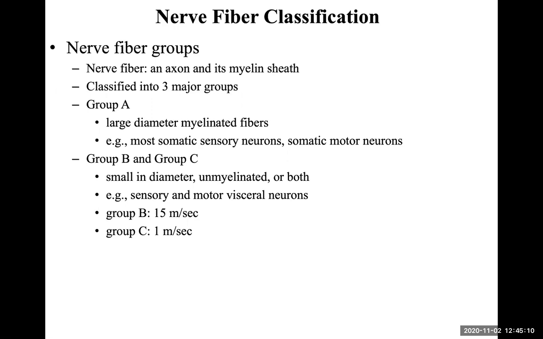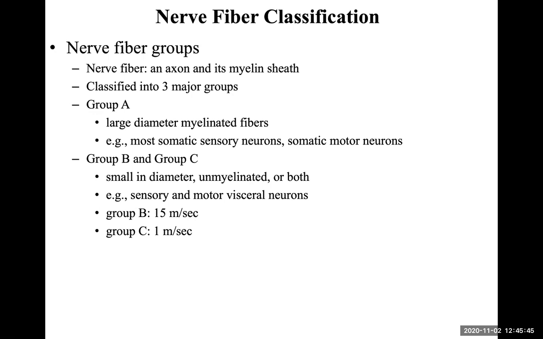And then group B and C. Group B is kind of mid-range with regard to velocity, and group C includes those fibers that have the slowest rate of conduction. But group B and group C fibers are going to be slower because they have smaller diameters. In some cases, they might have the same size diameter as the group A, but they're unmyelinated, or we see with a lot of group C fibers, these fibers are going to be both relatively small in diameter and also unmyelinated.